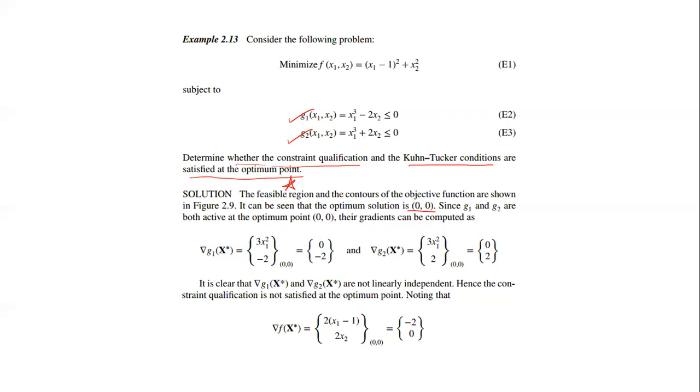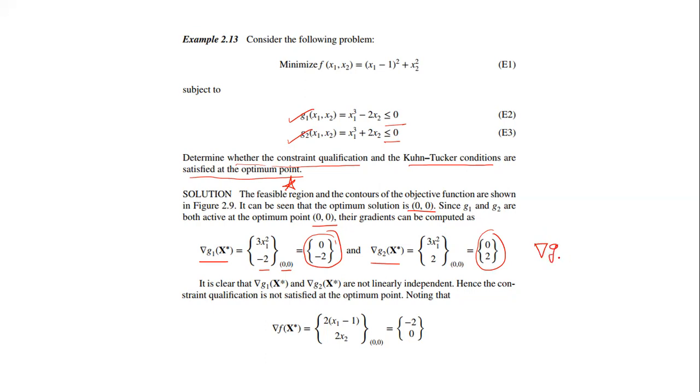Now, since they already have an optimum point, they have to find all the gradients. In this case, both conditions are inequalities, so no problem with that. We figure out the gradient of each at the stationary point. We see that one of them is 0, minus 2 and the other one is 0, 2. So we can easily write one as a linear combination of the other.